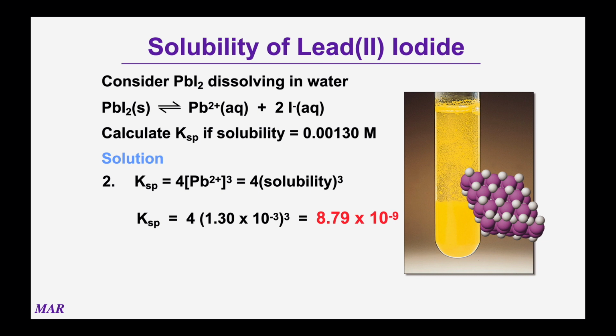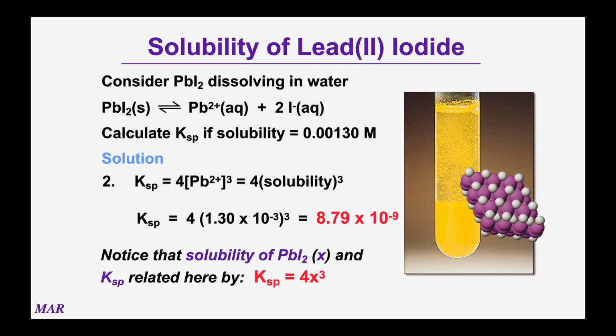Now, again, you would have gotten the same value if you would have taken 0.00130, the lead, and multiplied it by 0.00260, the iodide squared. It doesn't matter which way you do it, but this 4 times the solubility to the third power equals KSP will be helpful to us here in a little bit. But this is one way that you can calculate then KSP from solubility.